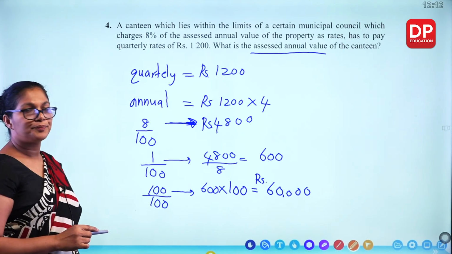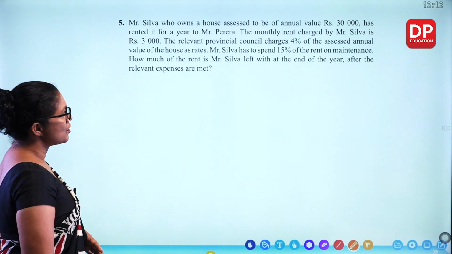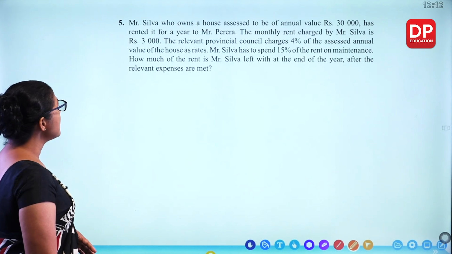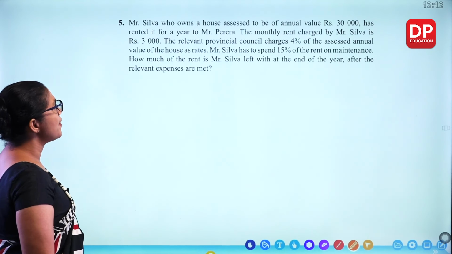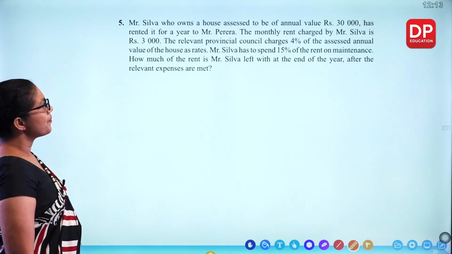Question number 5. Mr. Silva, who owns a house assessed to be of annual value 30,000 rupees, has rented it for a year to Mr. Perera. So what's the assessed value? 30,000 rupees. And rented it for a year to Mr. Perera.